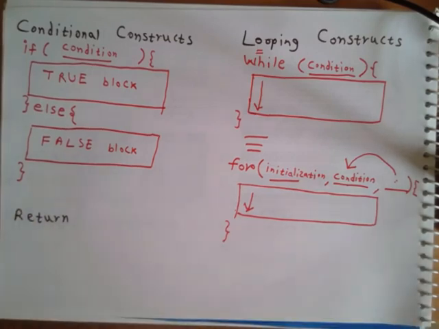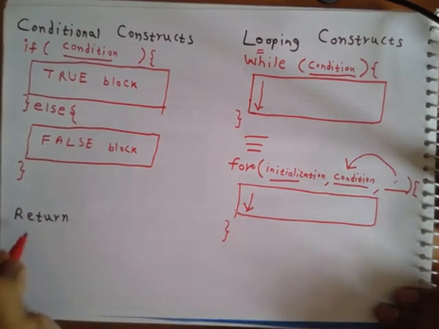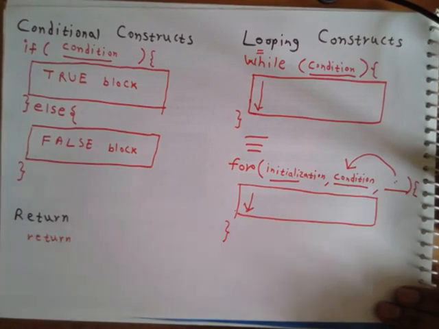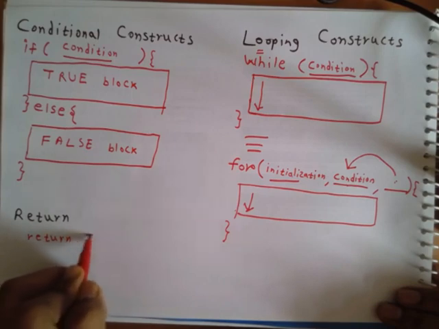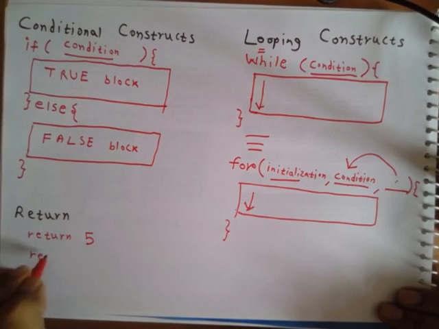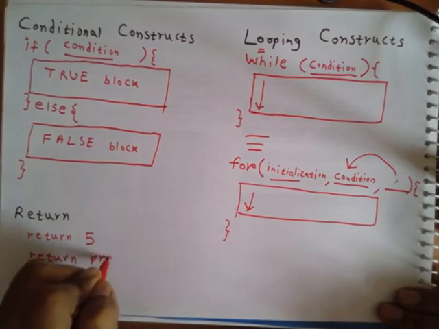So for returning, we will use something like a return. Sometimes we might not have anything to return specifically, or sometimes we might have a value, so we might return say value 5, or sometimes we might return a variable, so we'll say return variable previous.